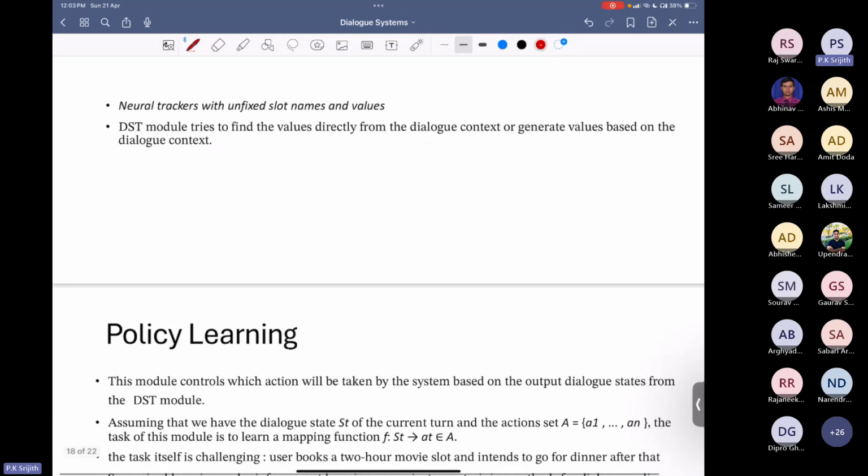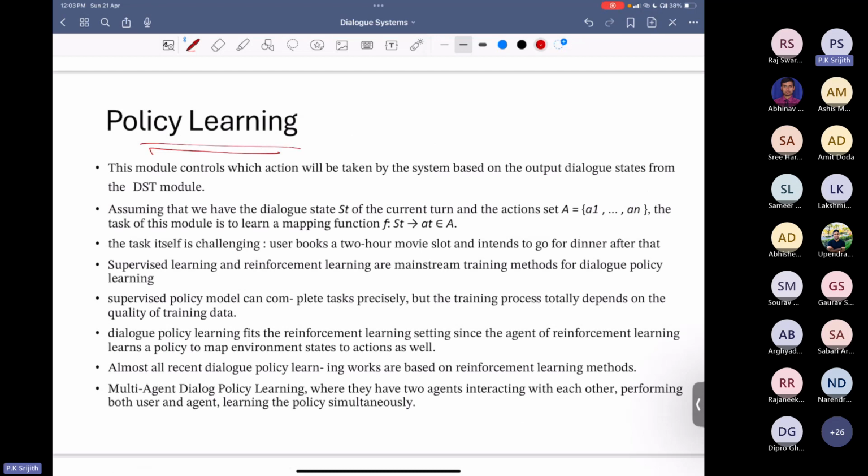policy learning module. What this policy learning module does is that it considers the dialog state that is maintained by DST, and there could be possible actions, maybe a request for place, request for date, or query a database, etc. Based upon whatever dialog state is maintained by the DST, this module predicts or decides what action is to be taken.